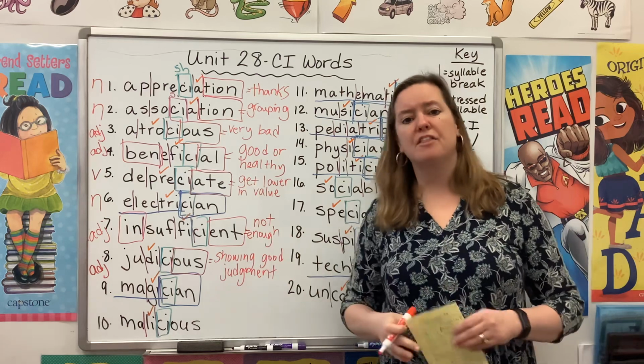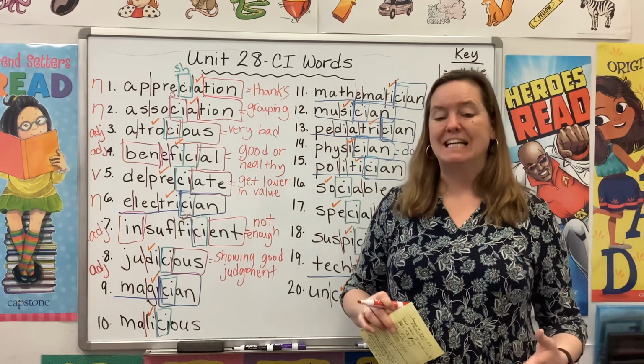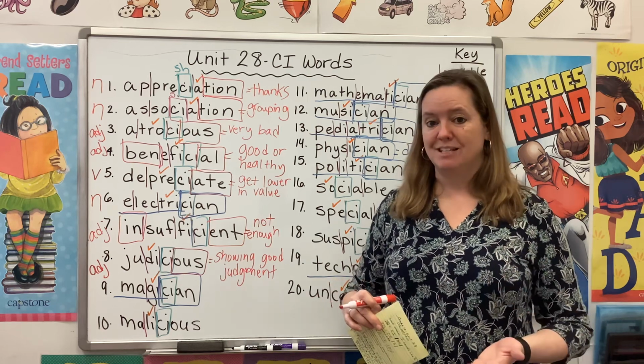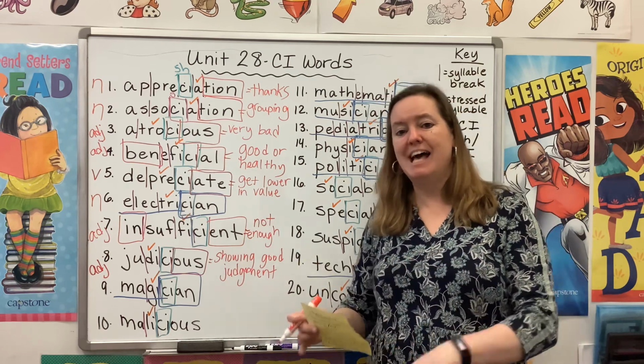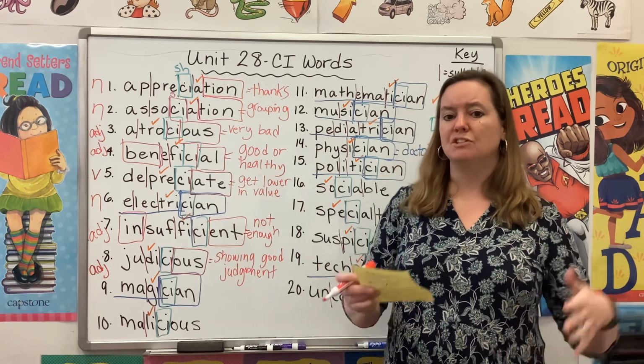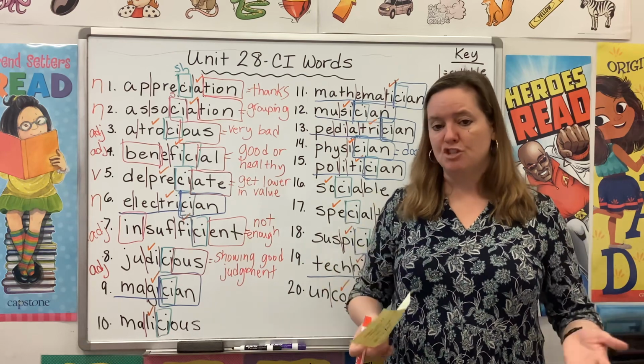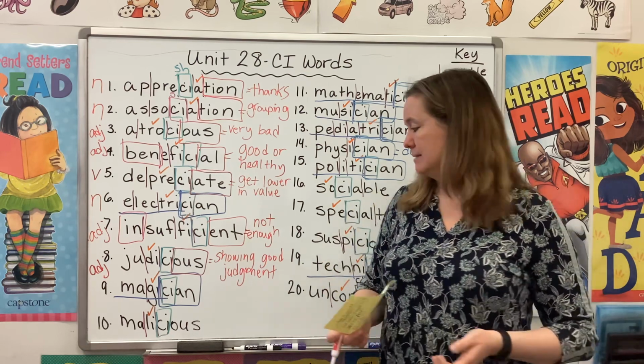So if you buy 3 boxes of Girl Scout cookies and you eat them all in one day, that is not being judicious. If you have a couple cookies today, you save a few more for tomorrow and a few more the next day, and you pace yourself, that is being judicious, right? Making good judgment, being wise.